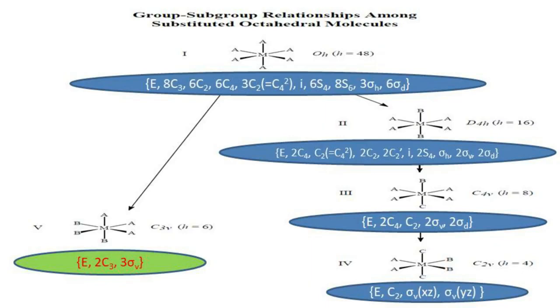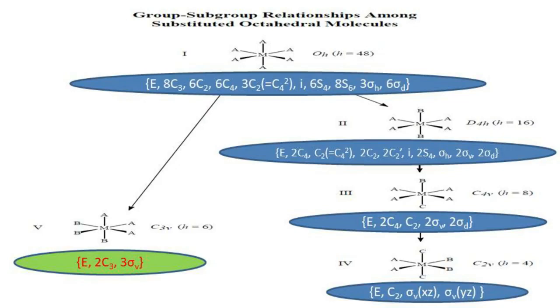So though the C3V point group is of higher order, it cannot ascend in symmetry to C2V, or C2V cannot descend to C3V, or C2V cannot be a subgroup of C3V.